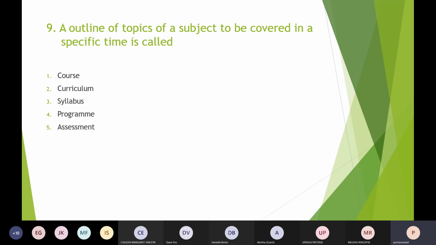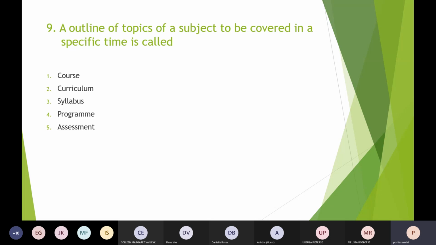You have to keep in mind that a syllabus is more specific than a curriculum, because a curriculum's scope is very wide, and a syllabus's scope is narrow. That's why we can say that an outline of topics of a subject to be covered in a specific time is called a syllabus. All right?